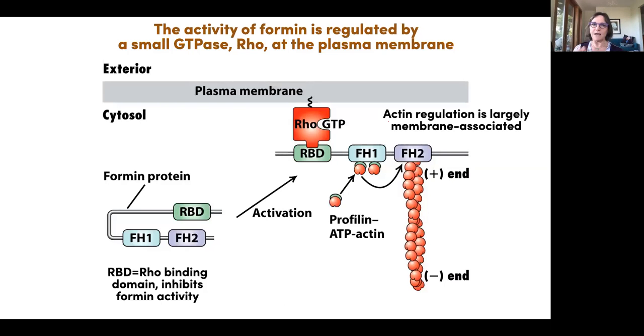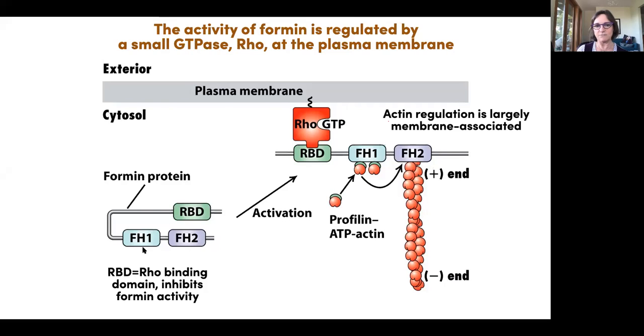Okay, so there's a lot of similarities between the way formins work and the way that ARP23 actually WASP works. So formin, like WASP, has a GTP binding domain, or in this case, it's again labeled Rho binding domain. And it also has these domains. There are up to three different domains that are called formin homology domains that interact with different aspects of actin and actin regulation.